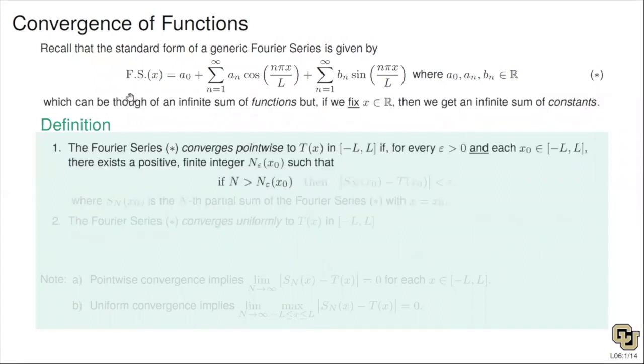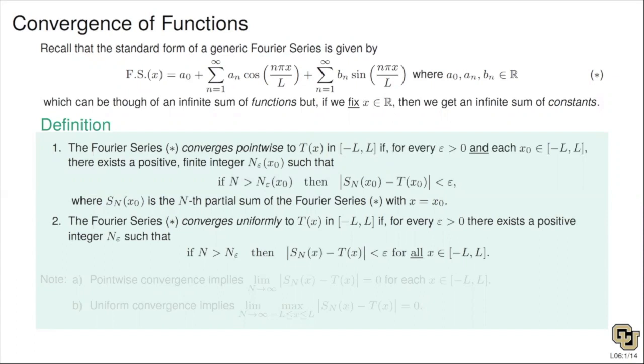So did I just go backwards? So yeah. And so, we can think of pointwise convergence as implying that the absolute value of this difference, the partial sum of the Fourier series and the target, goes to 0 as n goes to infinity for each x. So here the choice of x comes into play. Pick an x, then take the limit.